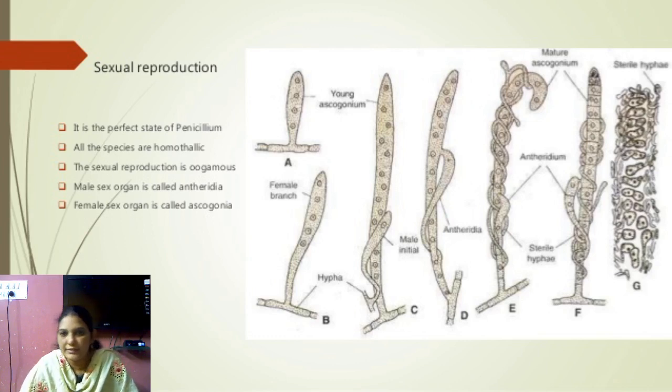Here we can see the figure. So many asci are present here. The ascogonium outer layer forms so many layers, and they form one round-shaped structure that is called the cleistothecium.